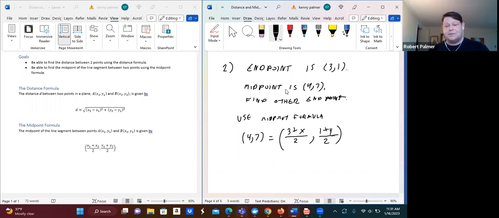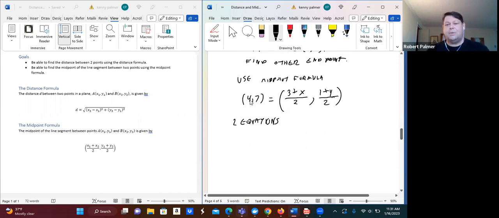So what we can do then is now we have essentially two equations. We know that this is the x coordinate of our midpoint, so this has to equal 4. So we have 3 plus x over 2 is equal to 4.